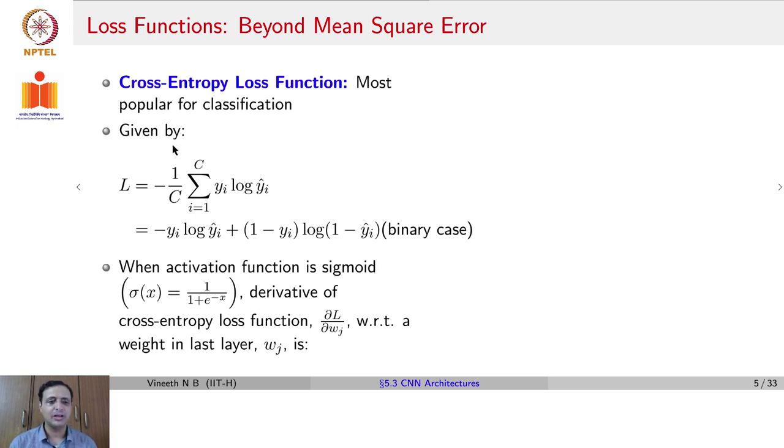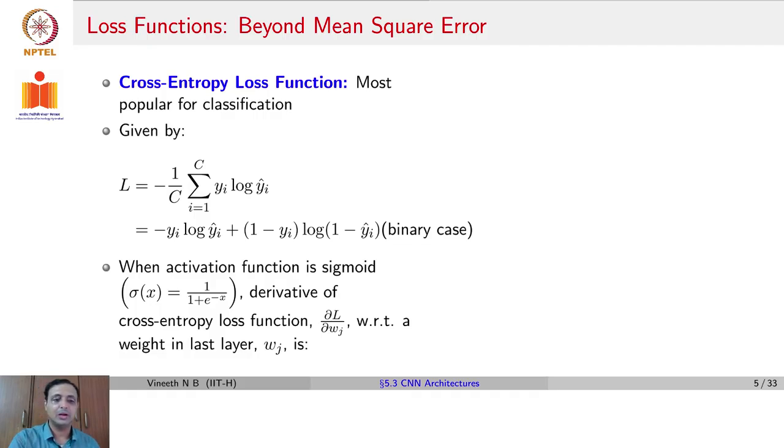Let's see the formal definition. So the cross entropy loss function is given by minus 1 by C, where C is the total number of classes, sum of y_i log y_i hat, where y_i hat is the prediction for a particular class i of the neural network, or the score of the last layer of the neural network for the ith class, and y_i is the correct label for that particular class.